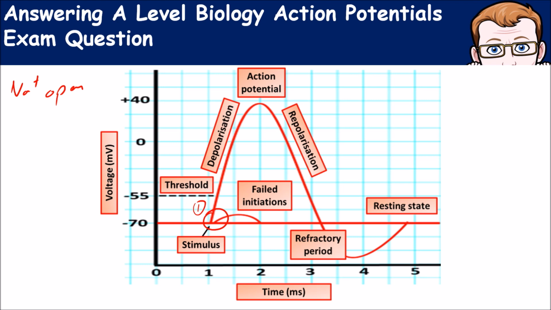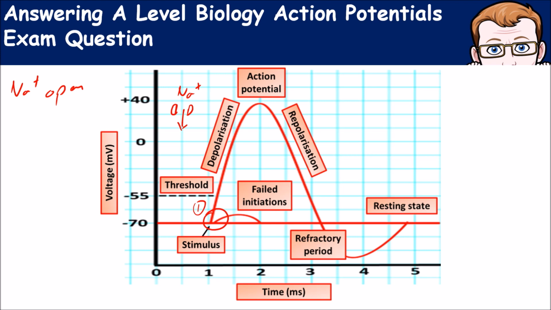If we get depolarization happening, this is where the sodium ion channels have opened up and sodium ions are moving in through those channel proteins into the cell, causing depolarization.